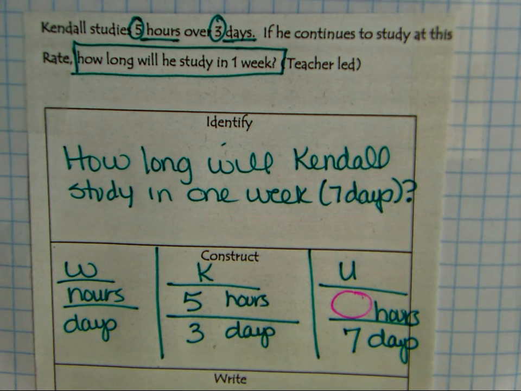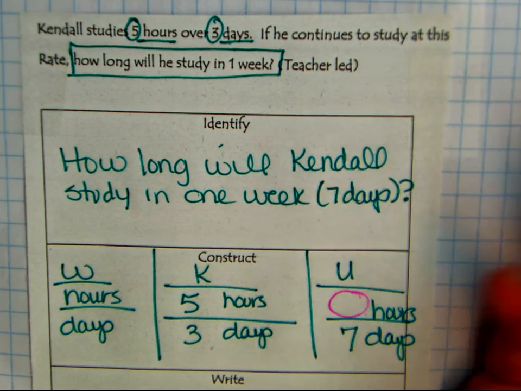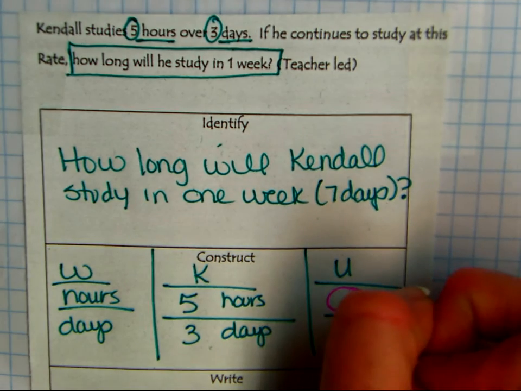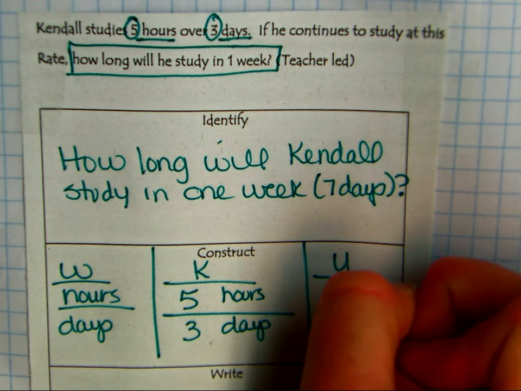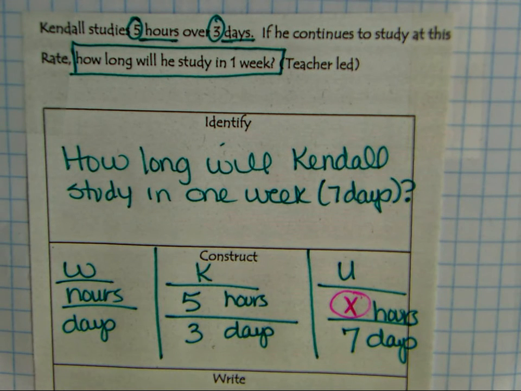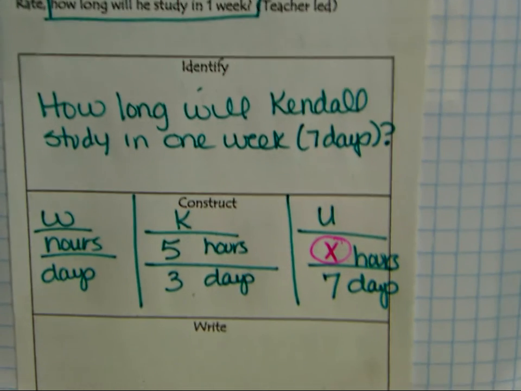I could put a question mark in there, but instead I'm going to do something a little bit more academic and put in a variable. We talked about this. This is why we don't use the X for the multiplication symbol. We use the dot because variables are oftentimes represented by the letter X. So I'm going to put X in as our variable.